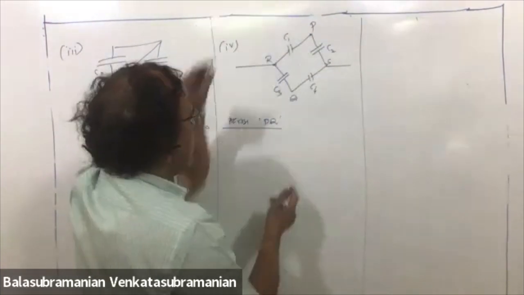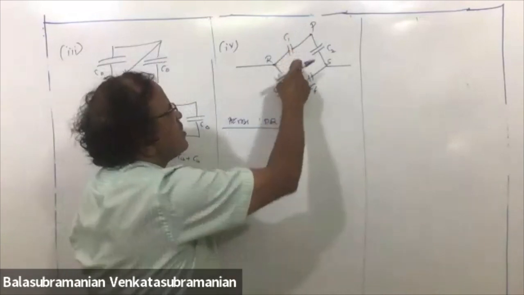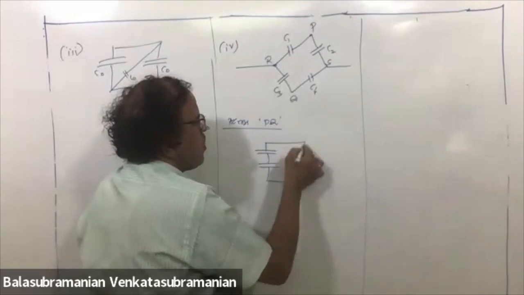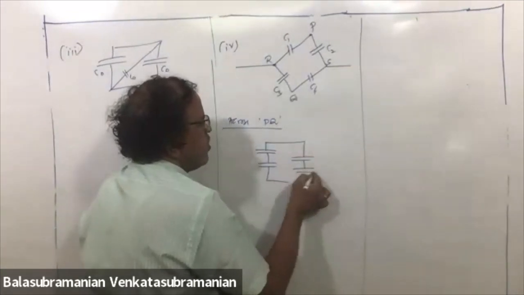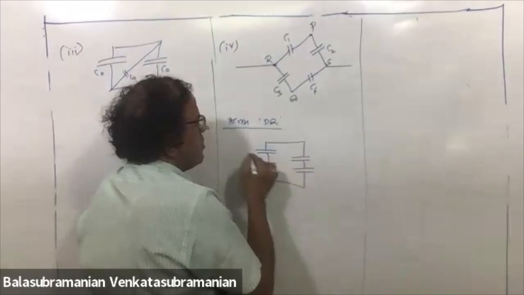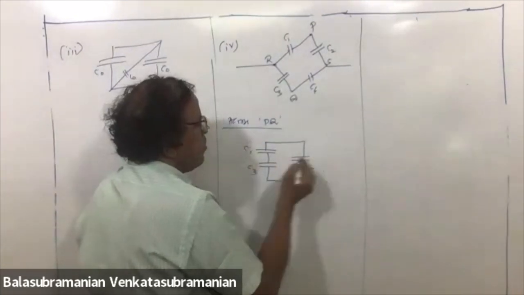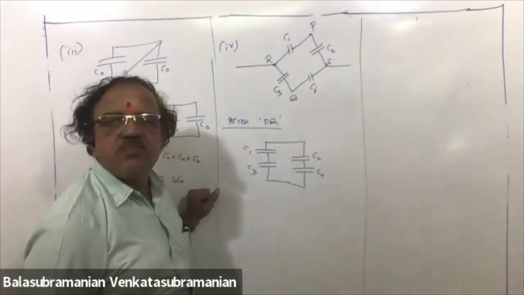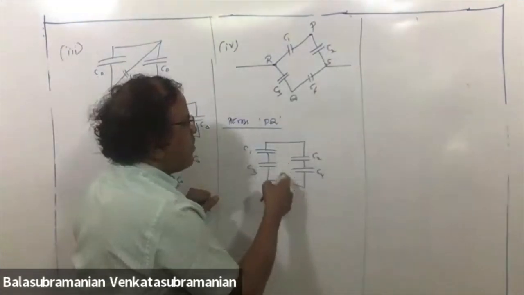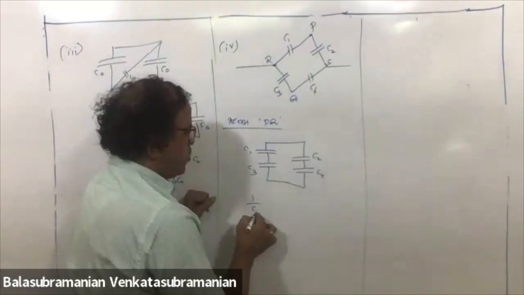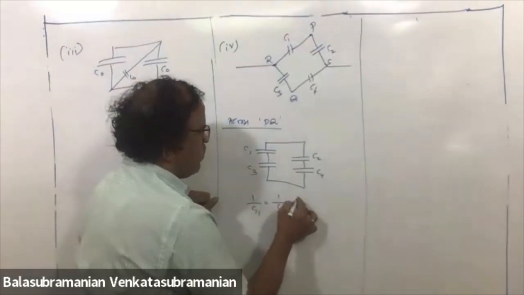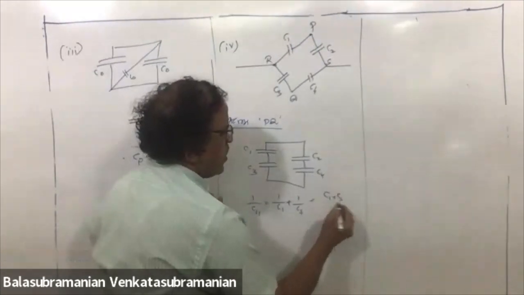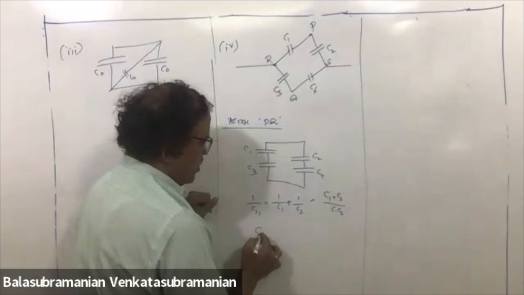Across PQ means C1, C3 will be in series, and C2, C4. Series connection formula, you can write 1 by CS1 is equal to 1 by C1 plus 1 by C3. So C1 plus C3 by C1 C3.